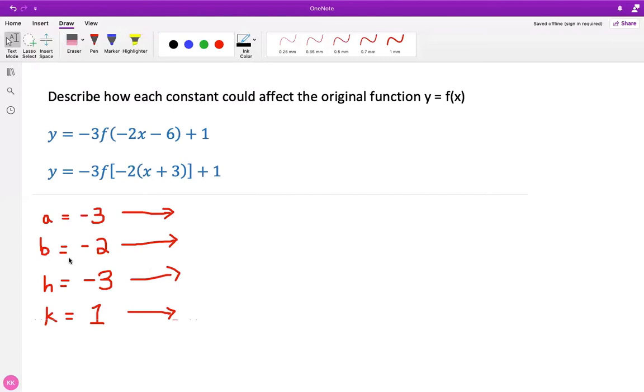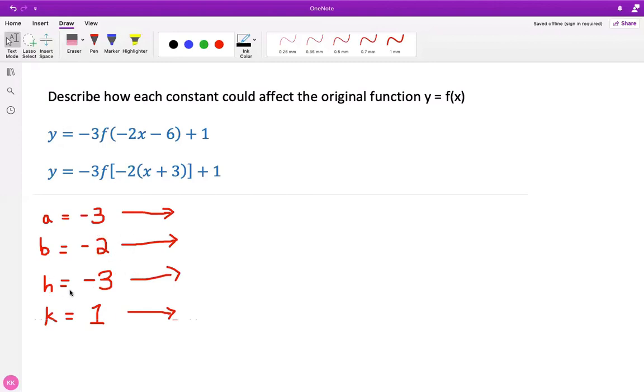So b equals -2 suggests that I need to reflect the original function in the y-axis because I see the negative sign here. The 2 here suggests that the horizontal component of the original function is being contracted by the reciprocal, which is 1/2.